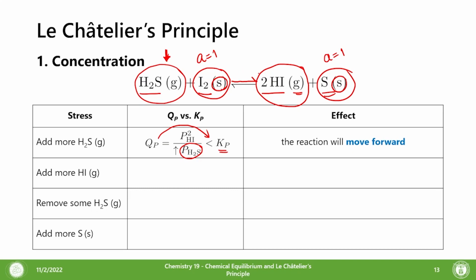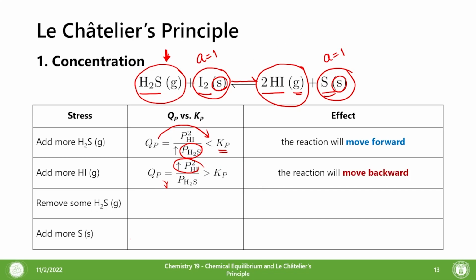What if we add a product instead? We add more HI. The Q, or the reaction quotient, will increase and therefore it will be much larger than our K, or our equilibrium constant. Since it's larger, it must go down. Okay, it must go down, and therefore it will have to move backwards.